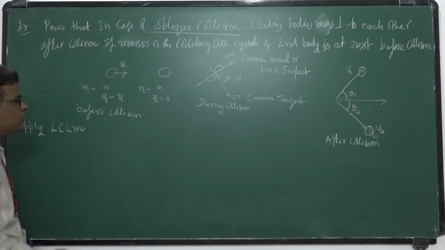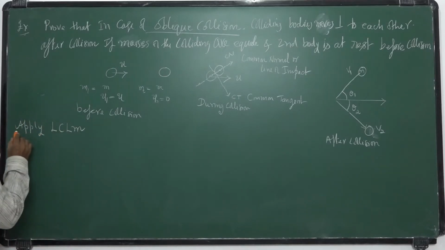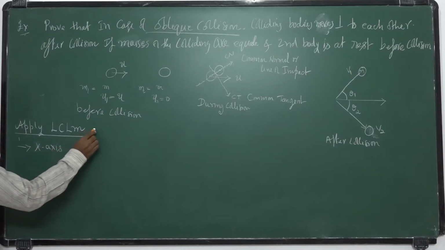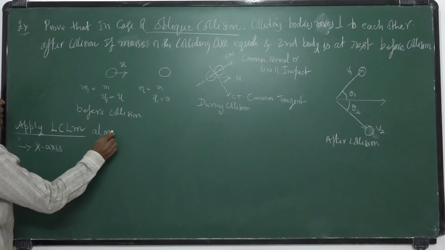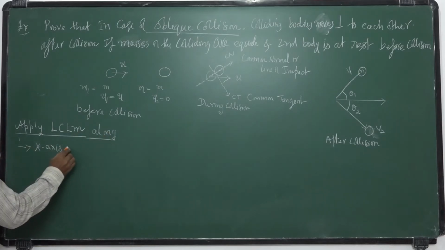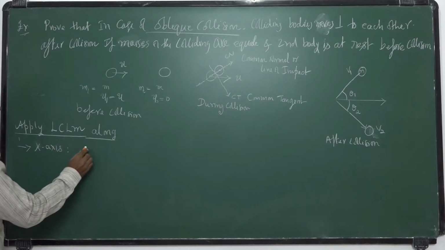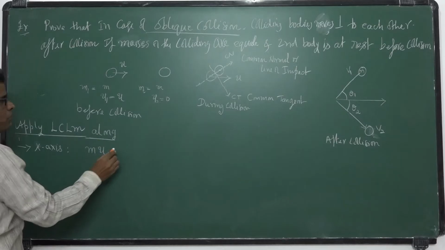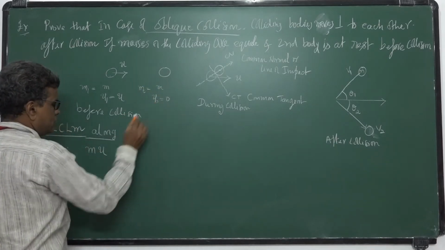What it says is that total momentum along the x-axis is conserved. So apply LCLM along the x-axis, step number 1. Along the x-axis, initial momentum is m into u, mu, and the second body's momentum at rest is 0.